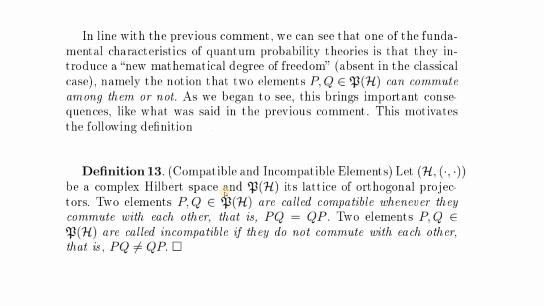And this will bring very special properties to this probability theory, this is quantum probability theory. In fact, this will be the key distinction between classical and quantum probability theories: the existence, in the quantum case, of incompatible elements in the lattice.